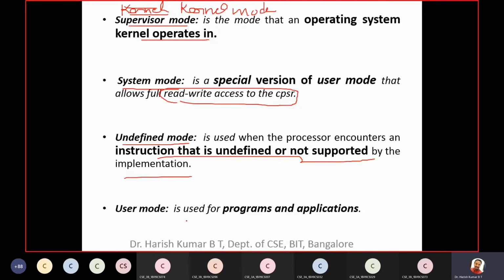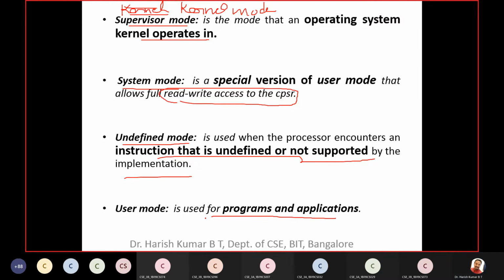Now user mode is used for user programs and applications. As long as I want to write my program and perform the execution, it is in the user mode. By default, we start with the user mode, and certain situations will take the microcontroller or the microprocessor into the different modes. So what situation will make the microprocessor change its state from the user mode to the supervisory mode?